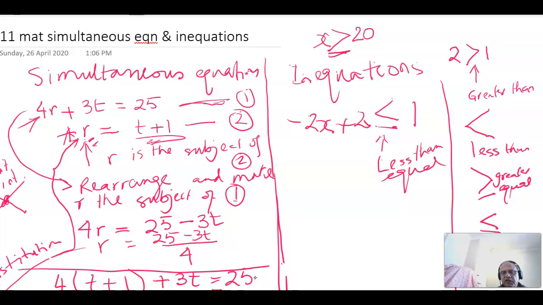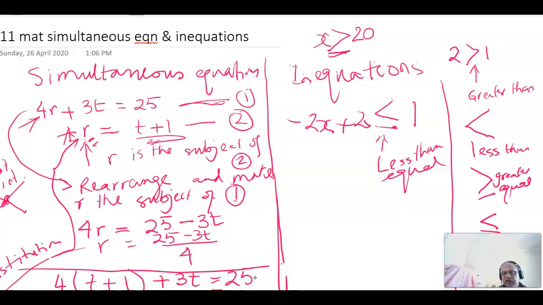So the answer will not be exact, it will be within a certain range. That's what it means. You got to listen to me carefully now. You do pretty much the same thing you do with an equation, except one distinct difference when you have the inequality.